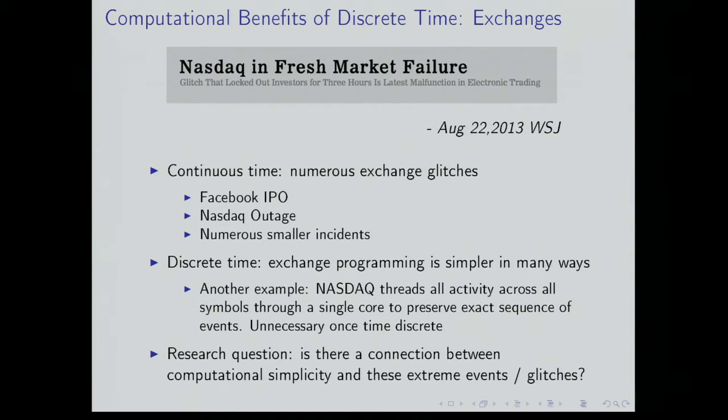For the whole NASDAQ marketplace, there was one core in charge of supplying timestamps to figure out whether an action in one stock occurred before or after an action in another stock. And this becomes unnecessary once you treat time as discrete. I think an open research question is whether simplifying the computational task of an exchange has any connection to these more dramatic glitch incidents.